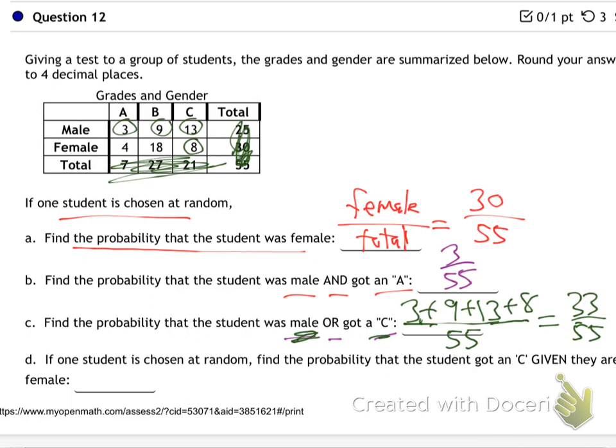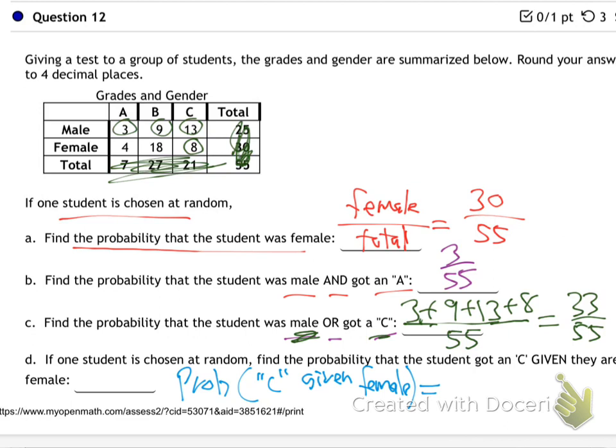Now this is the one I really want to show you on this example, D here. If one student is chosen at random, find the probability that the student got a C given they are female. So probability that they got a C given that they're female.